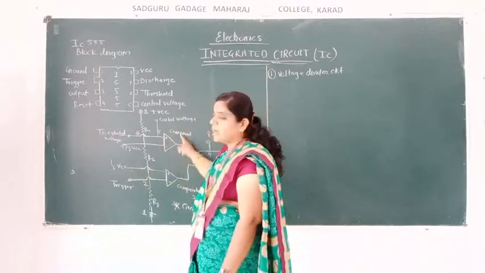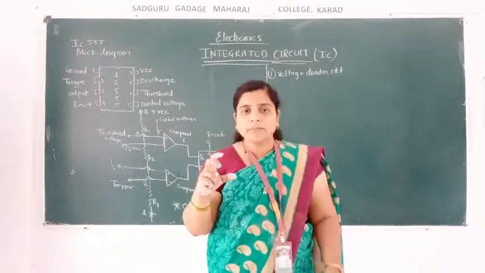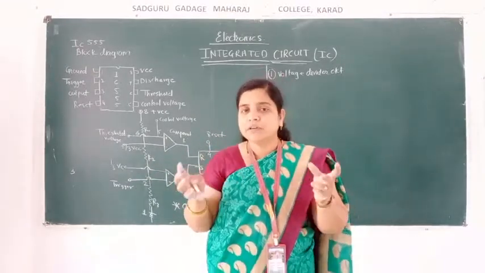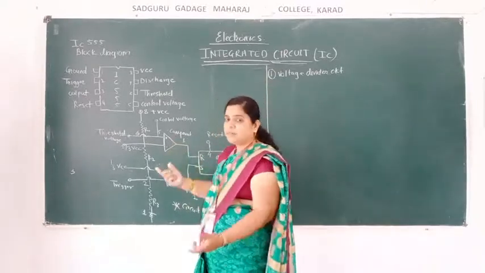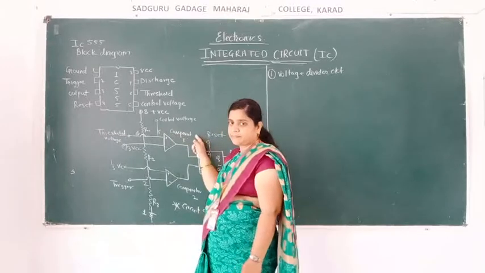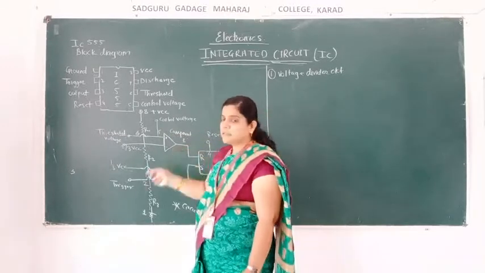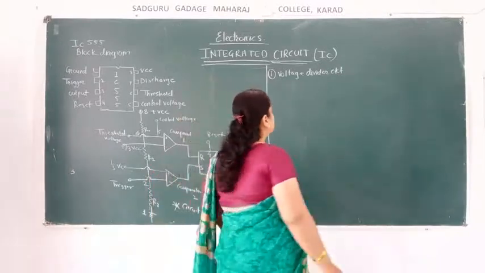Actually, the comparator is what? It is the ideal op-amp. So that op-amp will not work. Any supply will not flow at the 7 and 12 number. So it acts as a comparator.